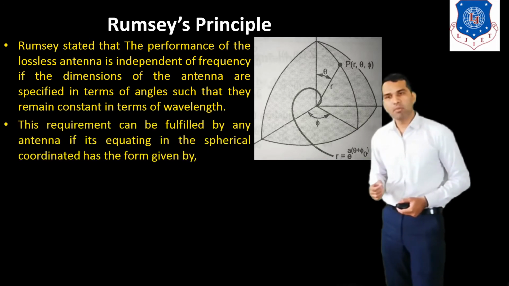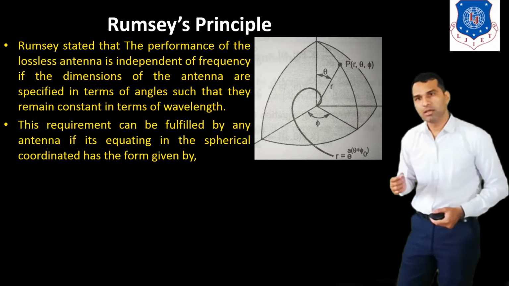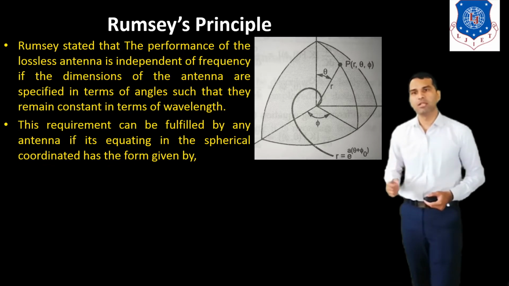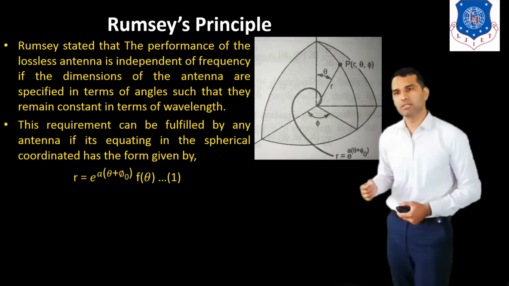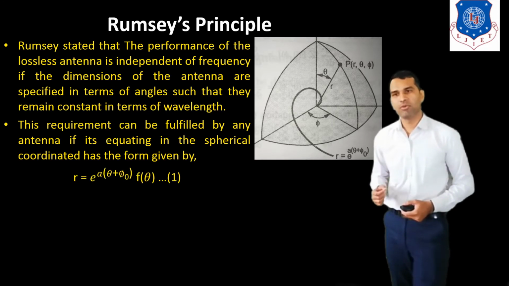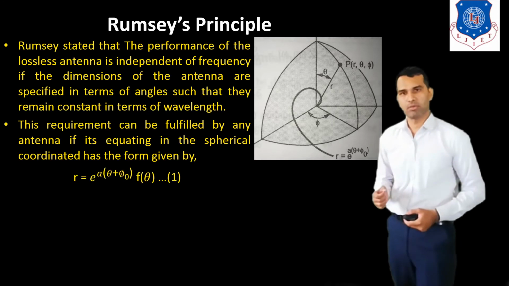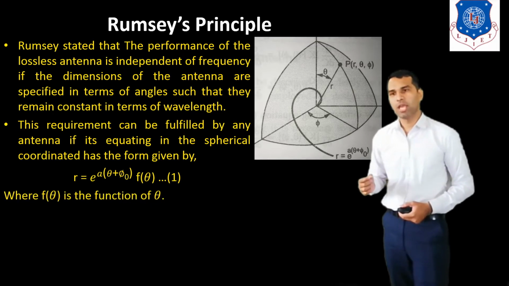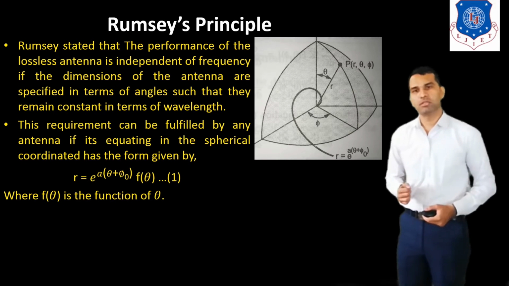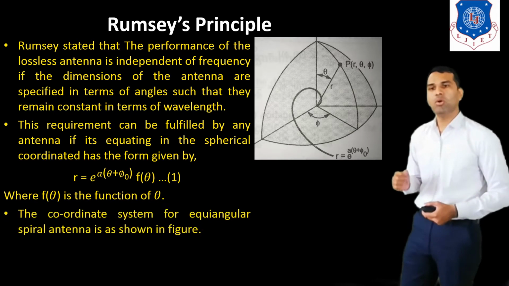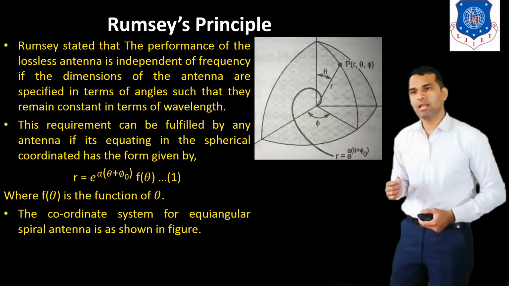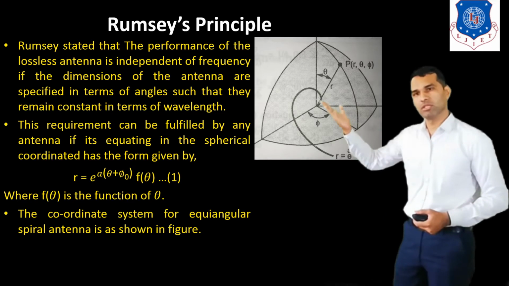This requirement can be fulfilled by any antenna if its equation in the sphere is r = e^(a θ + φ0) F(θ). Here F(θ) is a function of θ. The coordinate system for the equiangular spiral antenna is as shown in this figure.